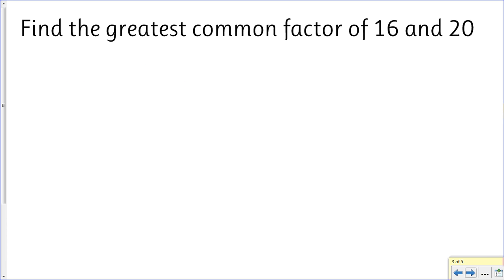So if we want to find the greatest common factor, otherwise known as the GCF, of 16 and 20, we need to make a list of the factors of 16.